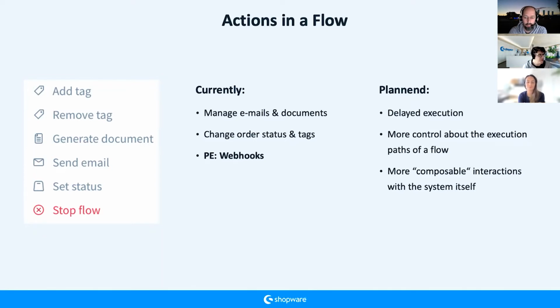And another point, it might look a little bit uninteresting at first glimpse. It's the add and remove tag functionality. So you're able to add a tag or remove a tag to a customer or an order inside of a flow. And at first view, it might not look very interesting. But if you think about it in the long run, it really gives you a lot of flexibility in terms of enriching data.